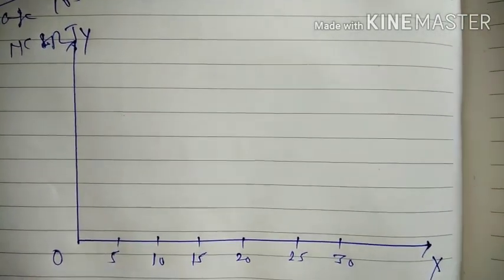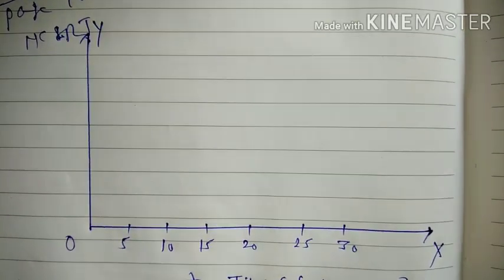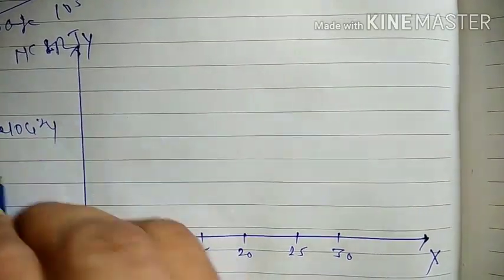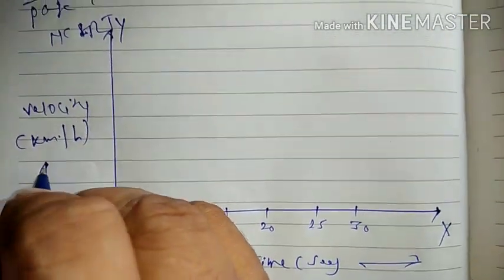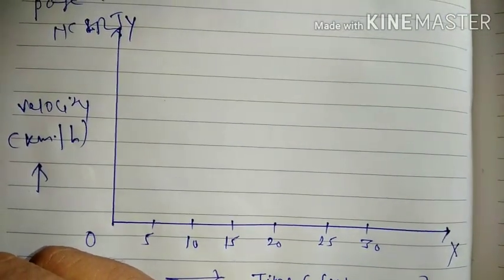Now, velocity is given in kilometer per hour, so take velocity in kilometer per hour along y-axis. Here the variation of velocity is from 0 to 54.